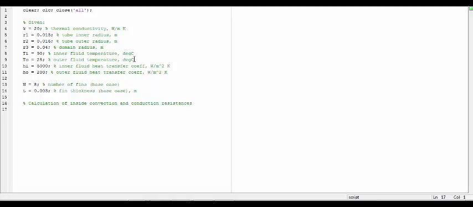And they're independent of the number of fins and the fin thickness. The inside convection resistance is going to be 1 divided by HI times 2 times pi times R1. The conductive resistance will be the natural log of R2 divided by R1 divided by 2 times pi times K.